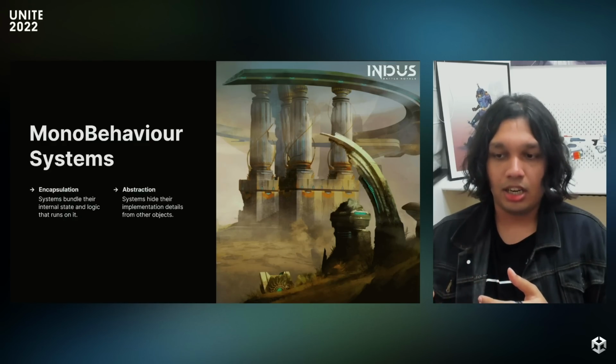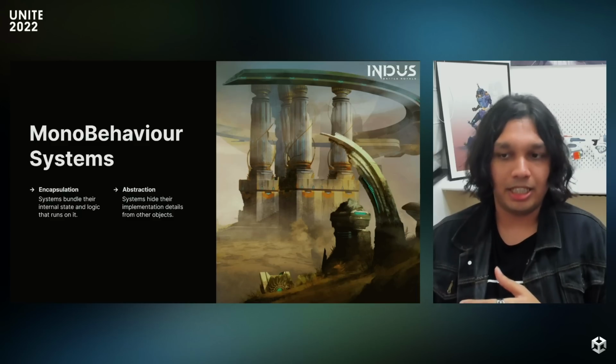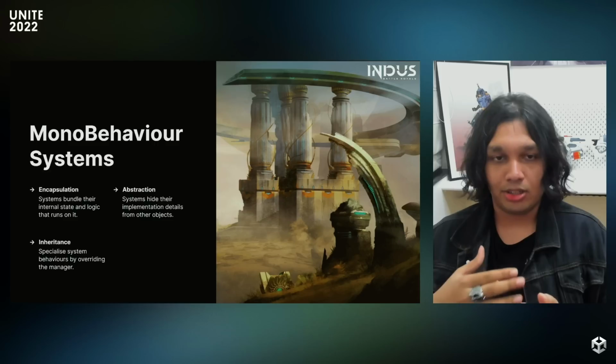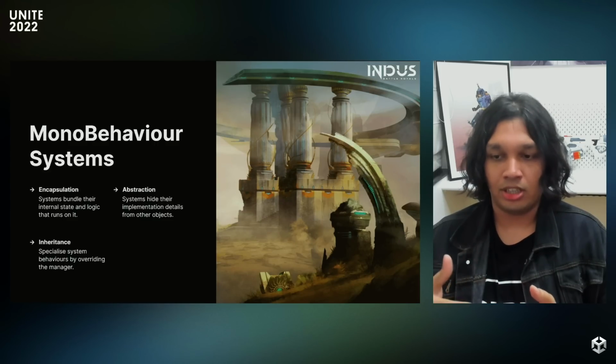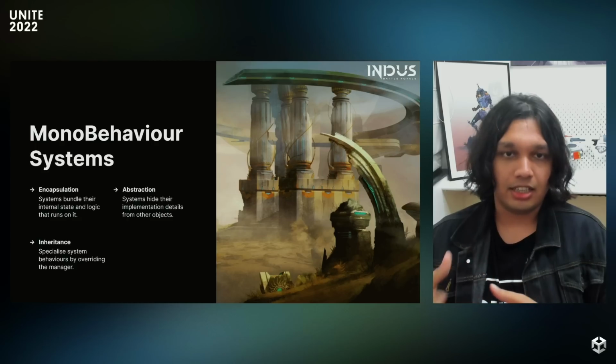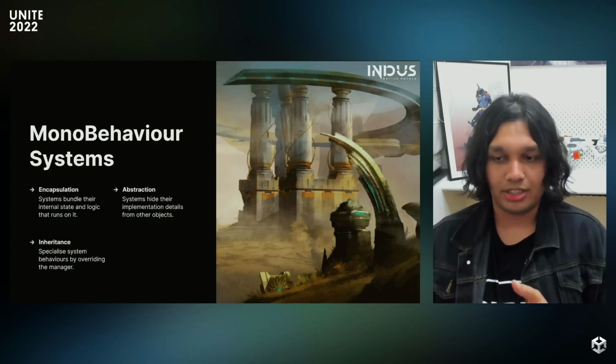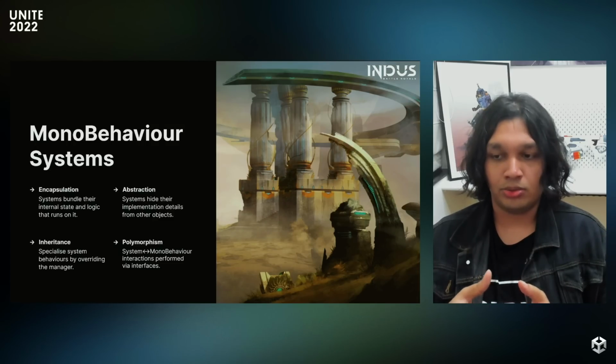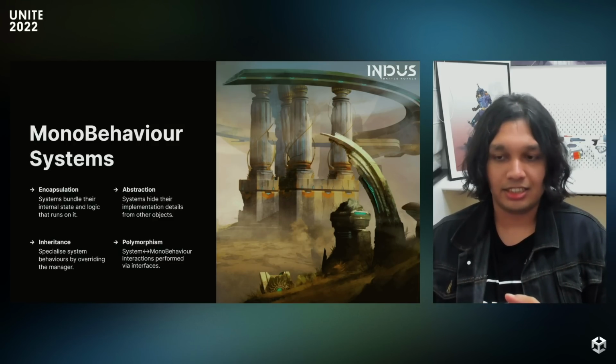Within the MonoBehavior systems themselves, we basically encapsulate the state and the logic that runs on it. They hide their implementation details from the instances that register to them. We can also override it for some specialized behaviors. That's how we're able to use them for all of these separate systems. And we also use interfaces for the system MonoBehavior interactions.